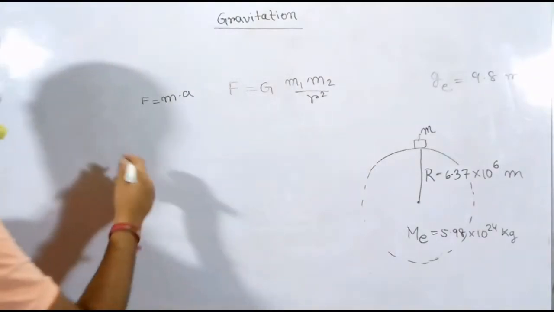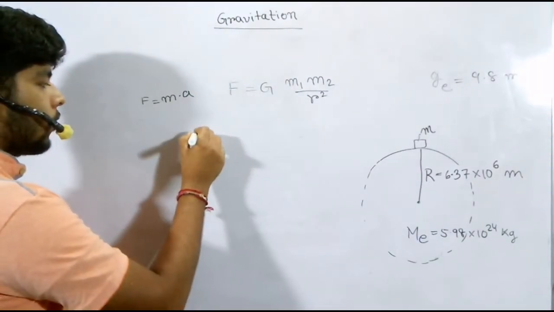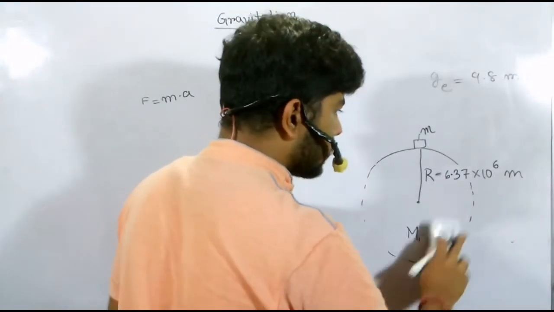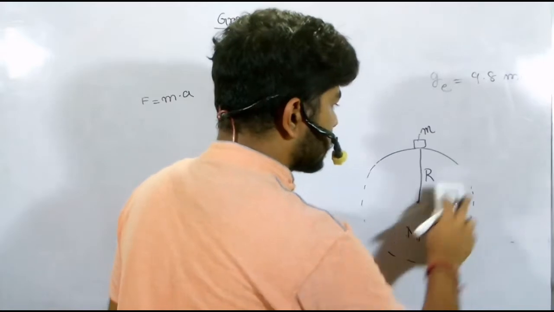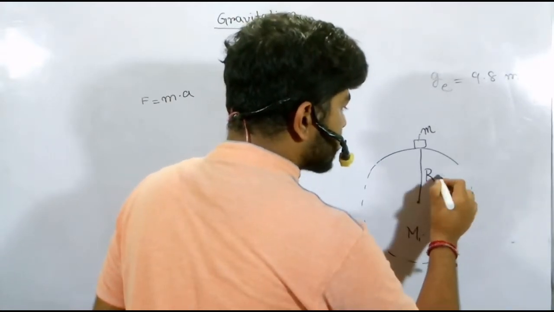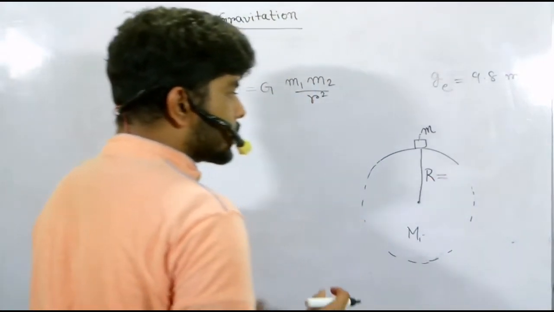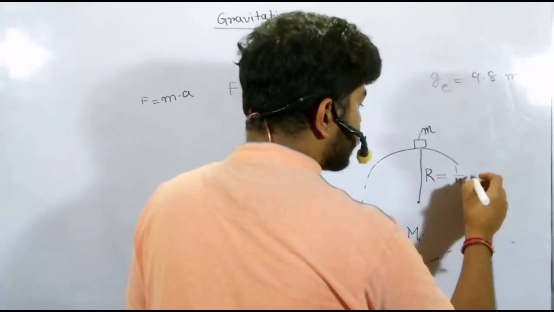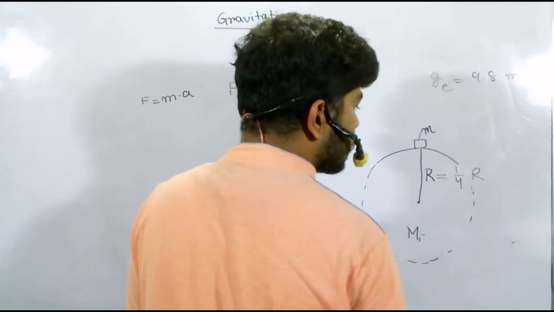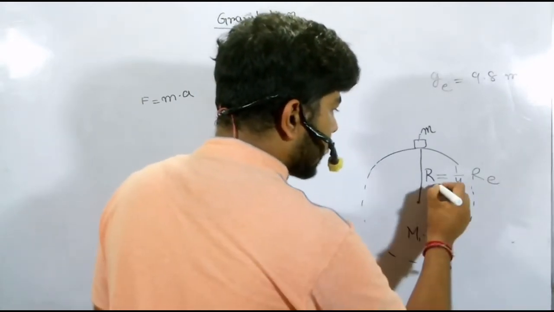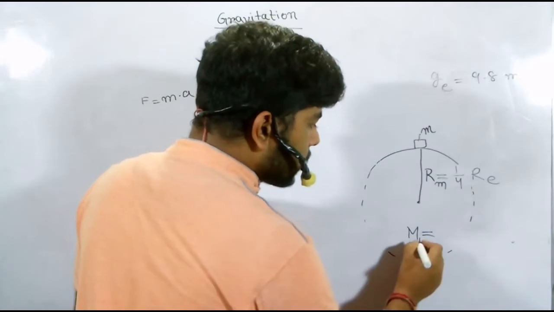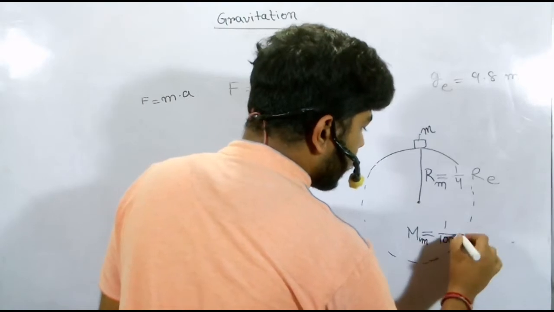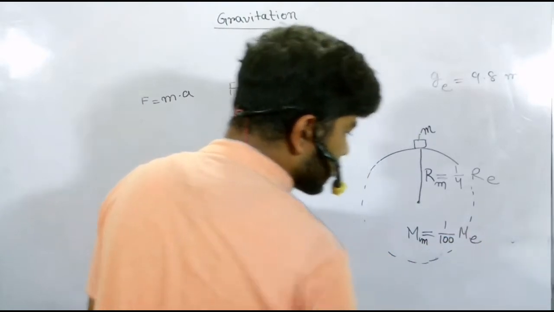Obviously this is a moon, so the radius is almost 1/4 of the radius of earth. And the mass of the moon is almost 1/100 of the mass of the earth.